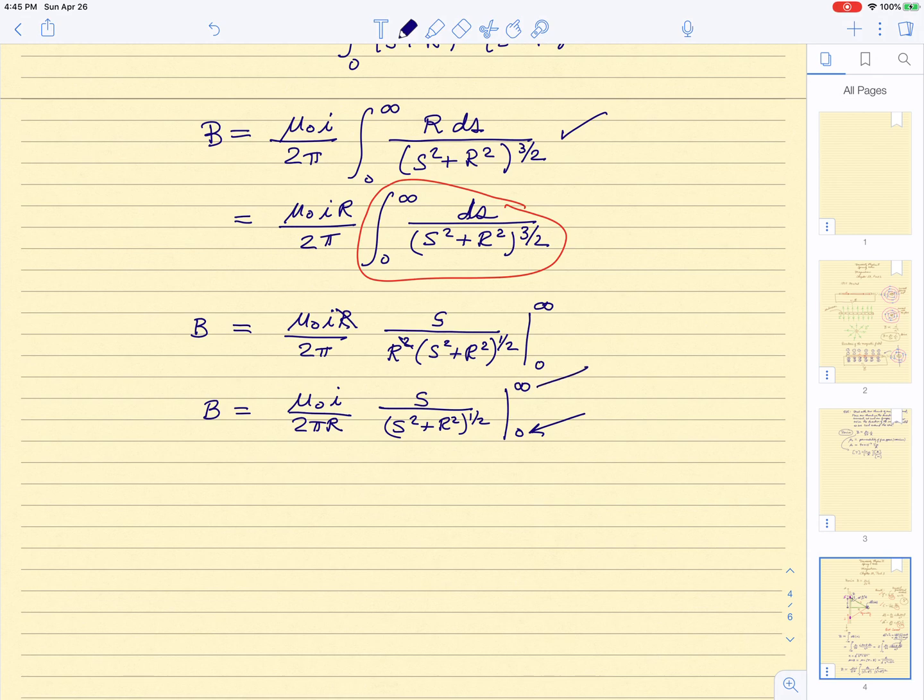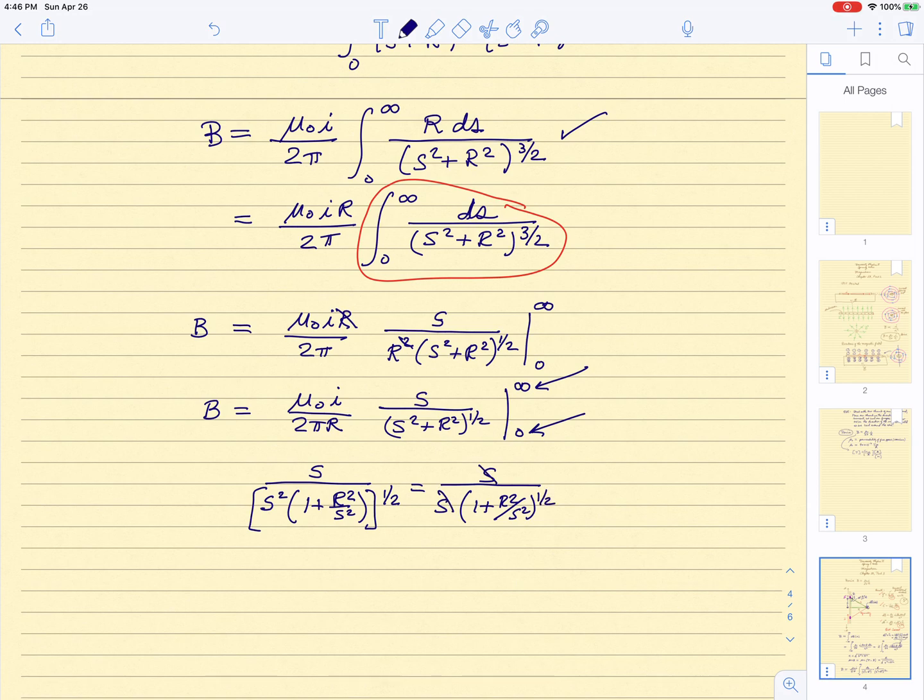But we got to look at the infinity piece. So what I'm going to do now is take out an s squared. So this is going to be an s squared times 1 plus r squared over s squared, all this to the 1/2 power. That's going to give you s over s times 1 plus r squared over s squared to the 1/2 power.